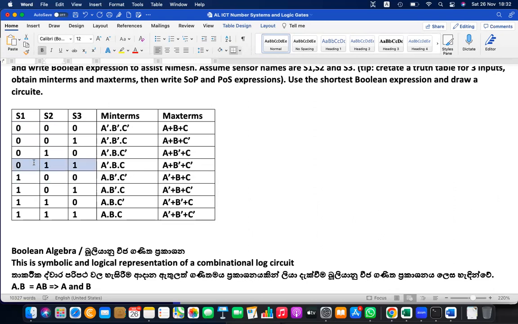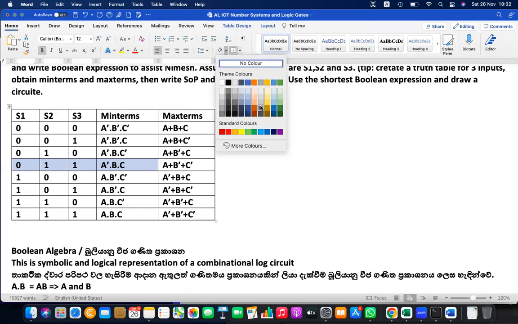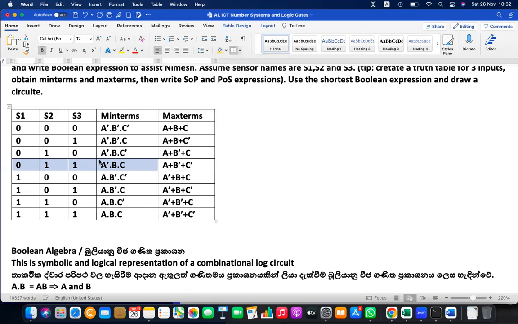If 2 sensors are on, then it is 1. You need 1 here. I'll highlight that in a different color, let's use yellow. Here one sensor. Again, here you can see two sensors. The last two, anyway, two sensors are there.